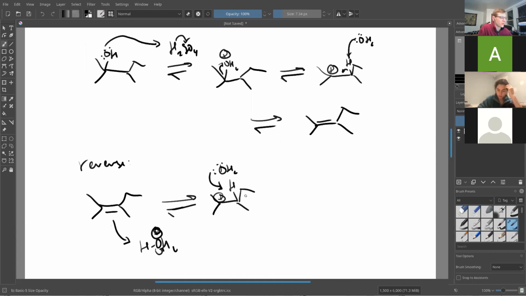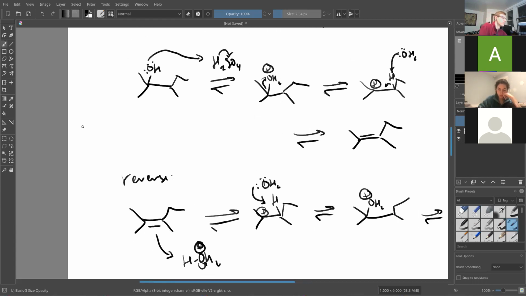which is going to come down here. The water will attach, but it's a carbocation. And then you could take it from there.